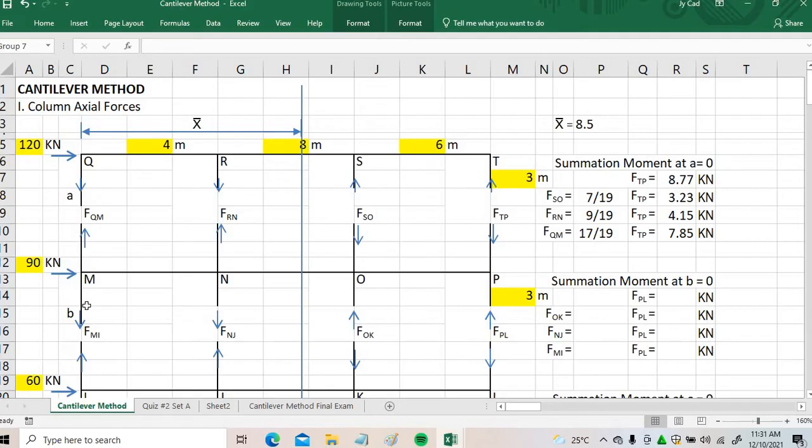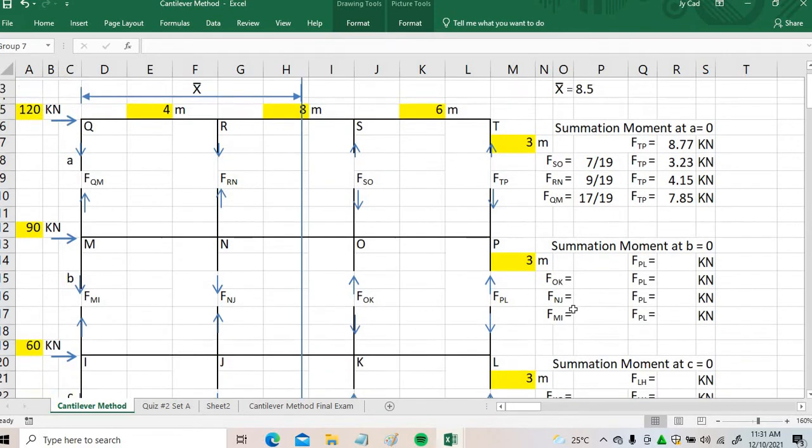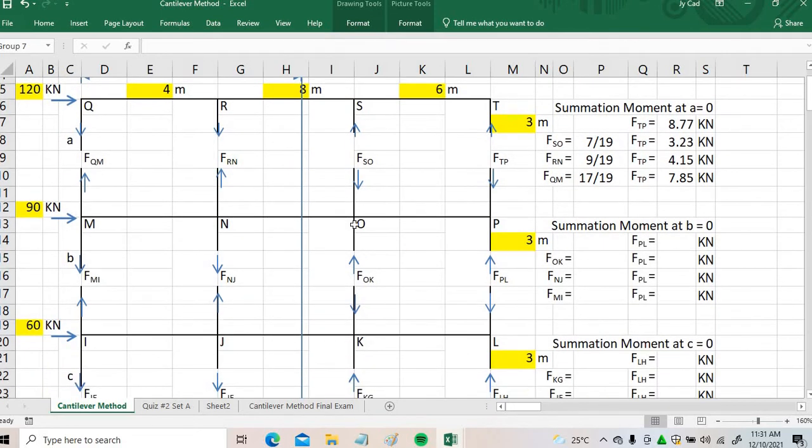Okay, so let's try to do that. First is, kunin natin yung fraction nitong FOK, tapos FNJ, FMI with respect to FPL. Since pare-parehas din lang naman sila ng location, dapat pare-parehas din ito, 9 over 19.